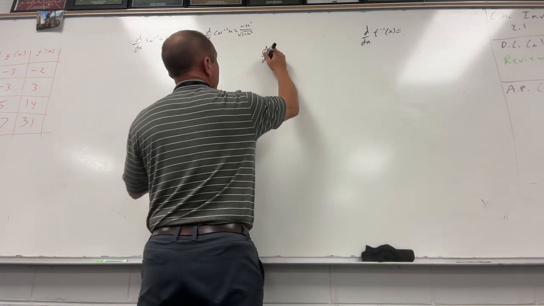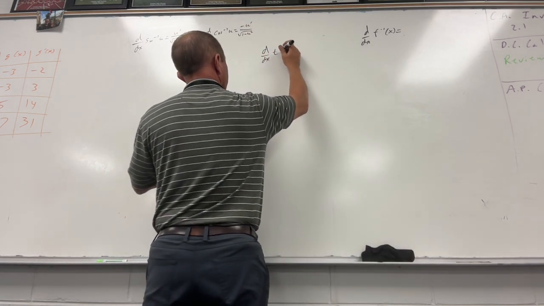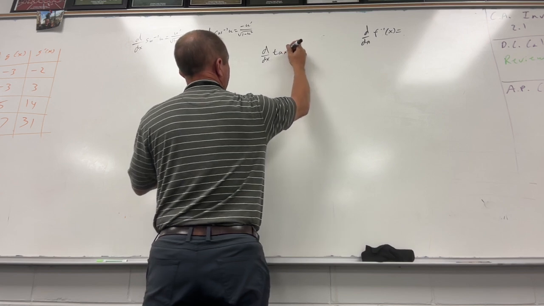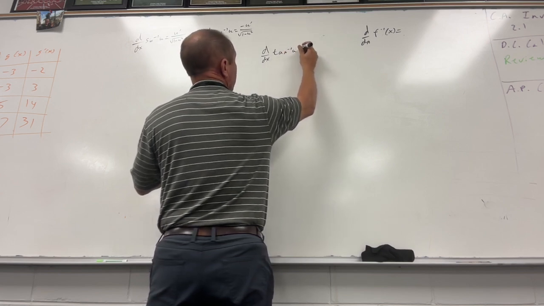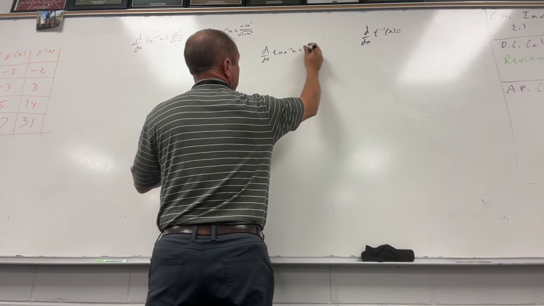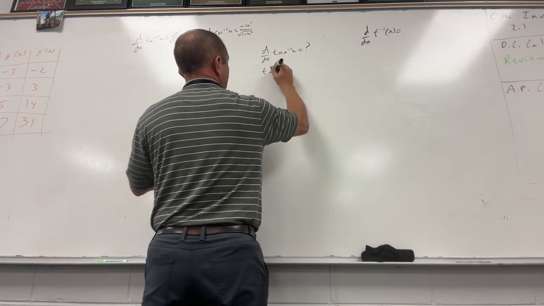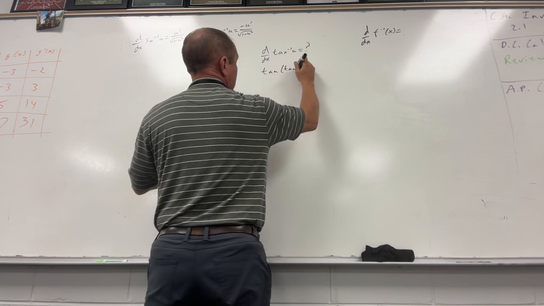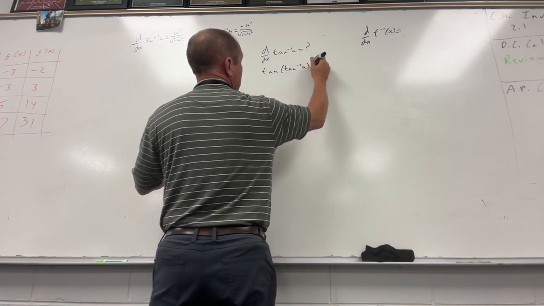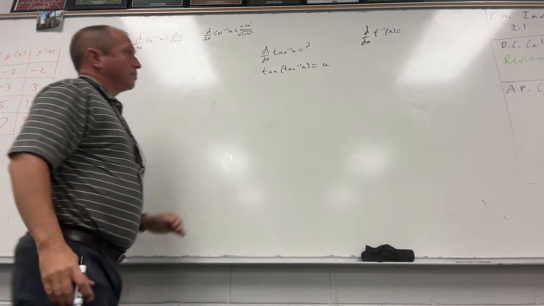The derivative with respect to x of tangent inverse of u is what we want to solve for. So we know that the tangent of the tangent inverse of u, by definition, is u.